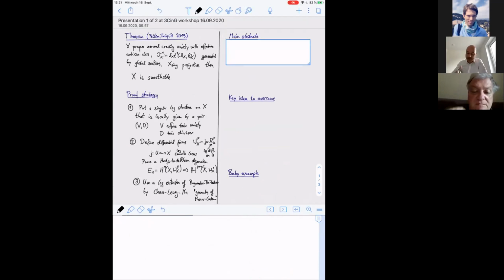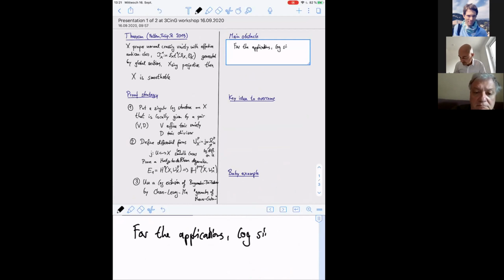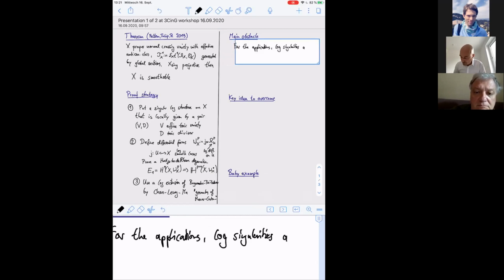So we have this theorem that you see on the left. Why doesn't it apply right away? Now the main point is for the applications. The log singularities are way more severe.